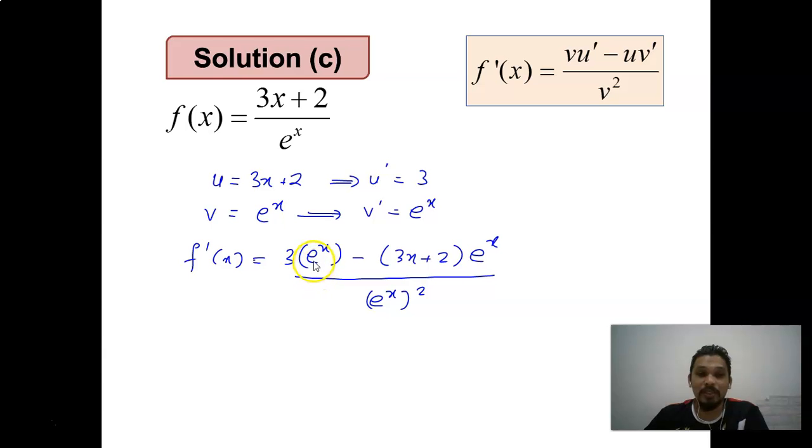Look at this one here now. e to the power of x, e to the power of x, and e to the power of x squared, we may cancel this and this, with one of the e to the power of x.